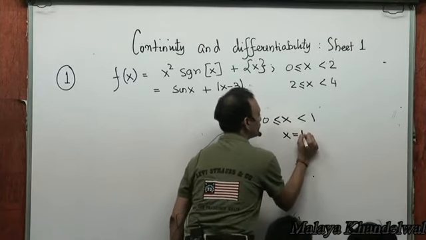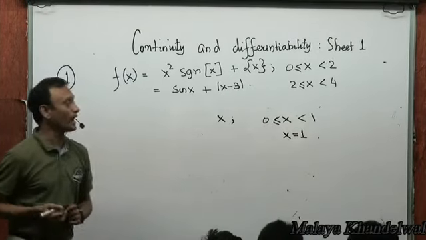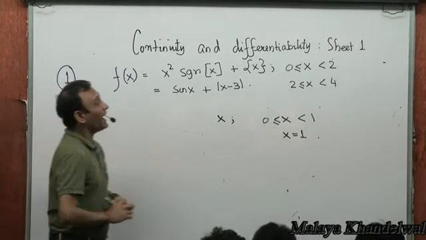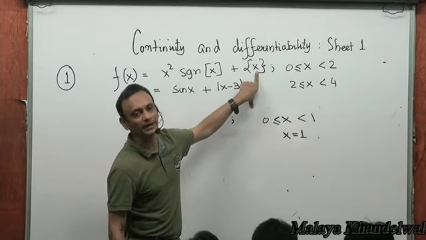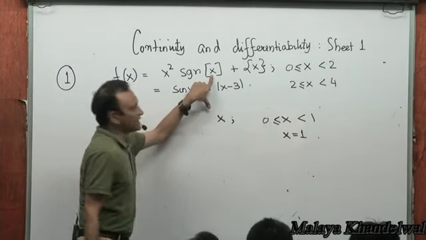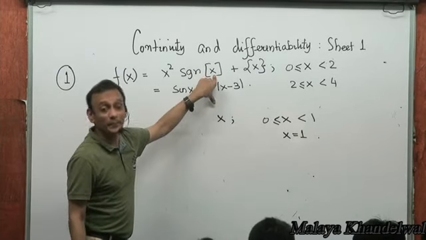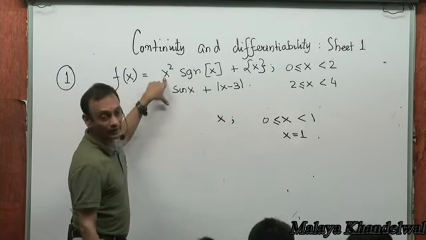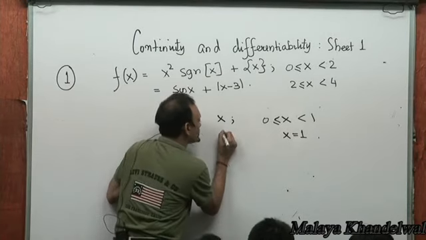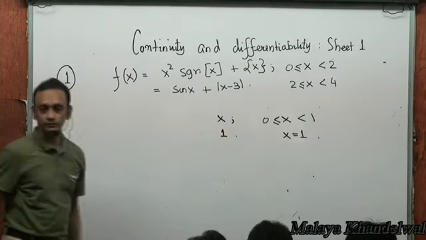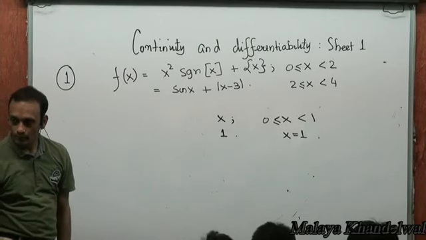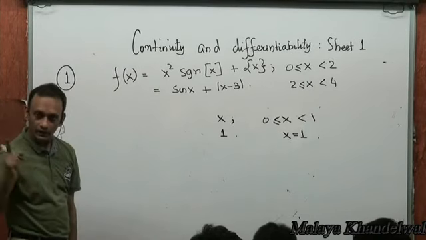What happens at x equal to 1? Fractional part of x becomes 0. Box x is 1. Signum of box x would be plus 1, and this will be 1. So at x equal to 1, it assumes a value equal to 1. Clear?